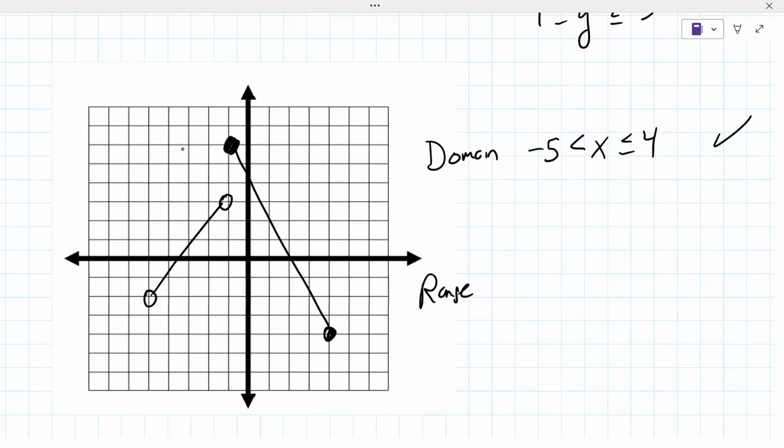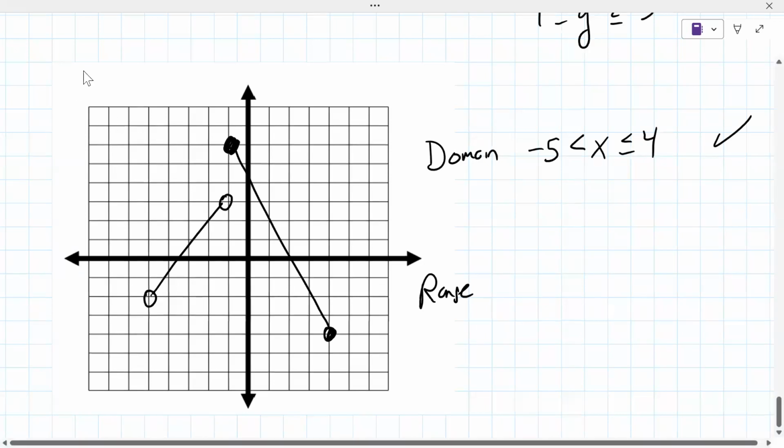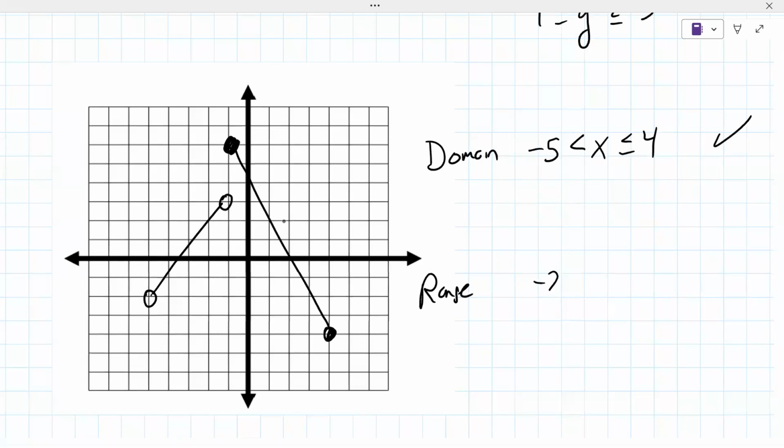The range is a bit more difficult here. Do you want to give that a try, or do you want me to talk you through it? Maybe talk me through it. Now I'm intimidated. All right. If we look at this one on the left here, the range is -2 less than y less than 3.